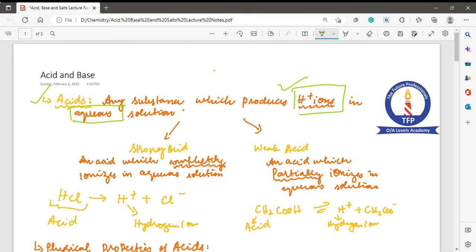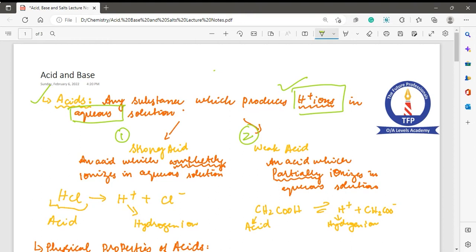According to this classification, the acids are categorized into two different categories. The first one is the strong acid and the second one is the weak acid. You have to learn the definition of an acid because in your exam they ask about the definition for 1 mark, and you also have to learn the difference between a strong acid and a weak acid.